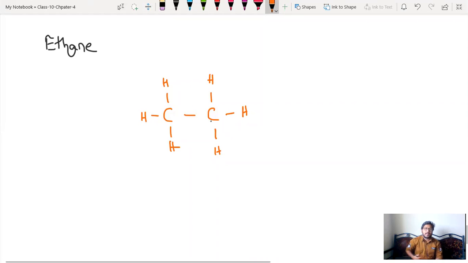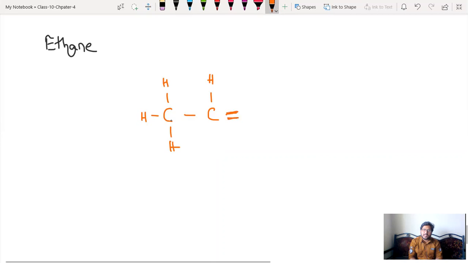You can say ethane. Okay, now what I will do, I will remove this hydrogen, and I'll remove one bond here, and I'll add that one bond here. Is there anything wrong? No, nothing is wrong. Why?